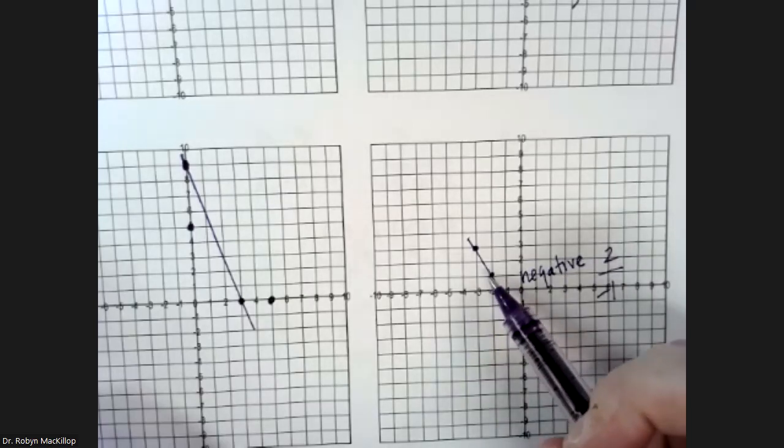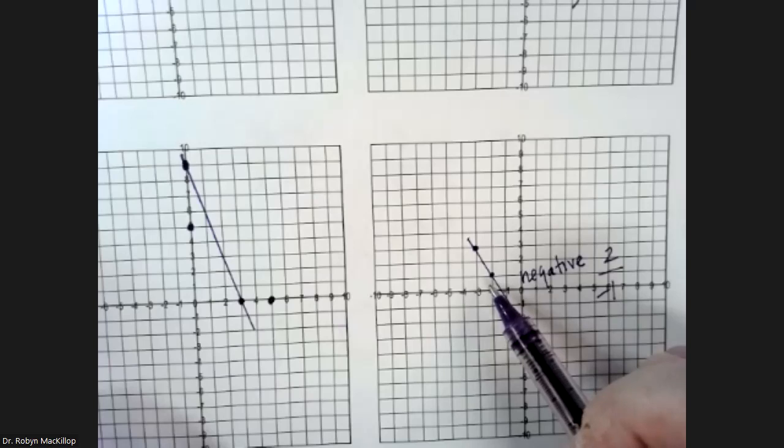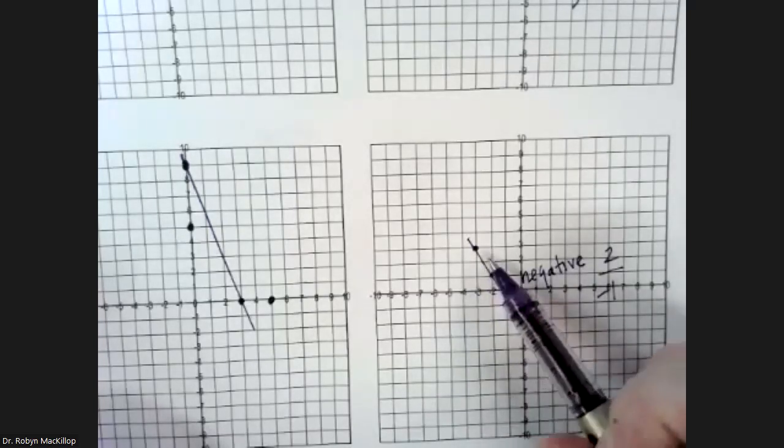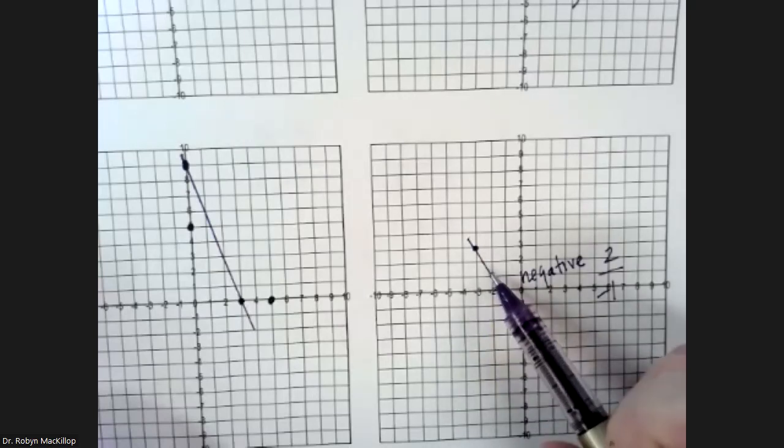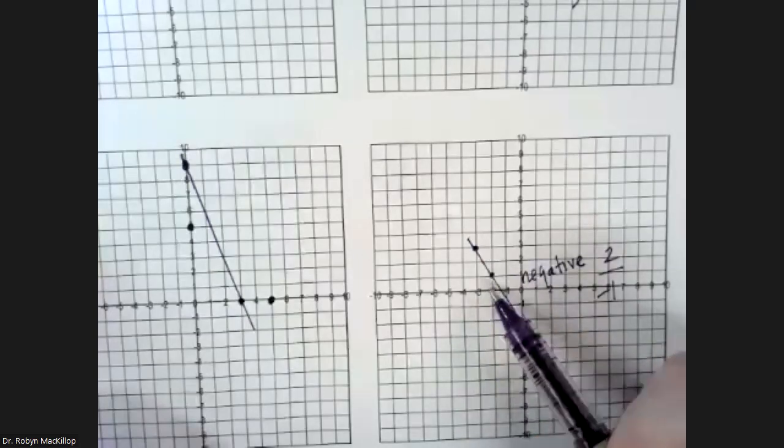How many boxes between the 2 dots up and down? 1, 2.